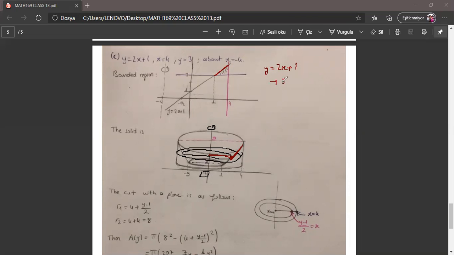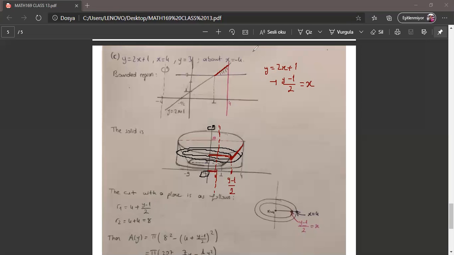Then (y minus 1) over 2 equals x, right? Because we need to find this point, we need to find x, so we isolate x there. This is (y minus 1) over 2. And this is the y-axis, 0. We had before 4, then it is 4 plus (y minus 1) over 2.